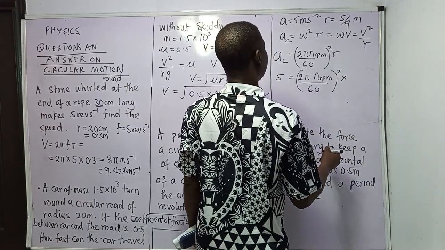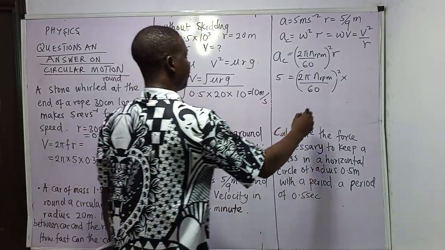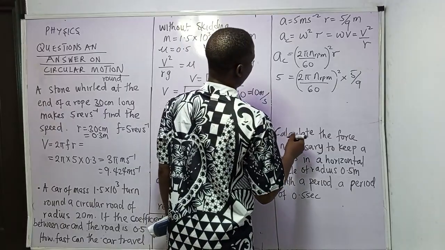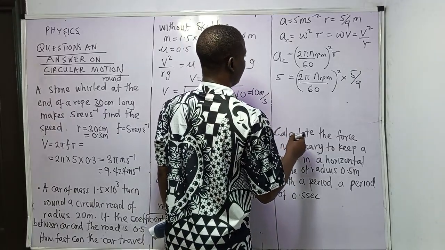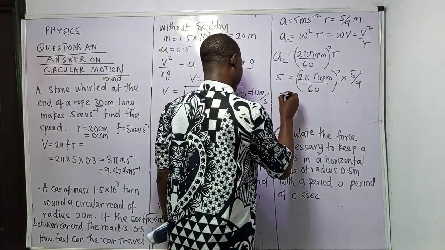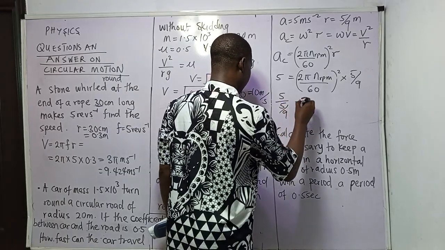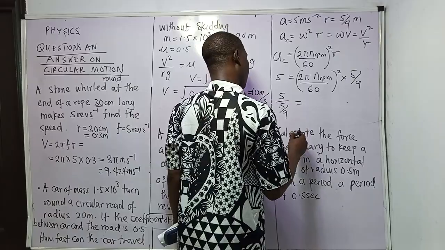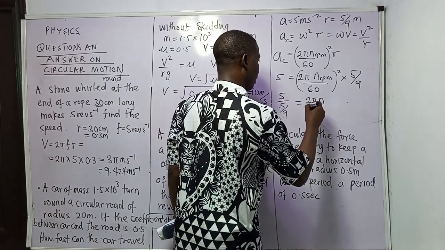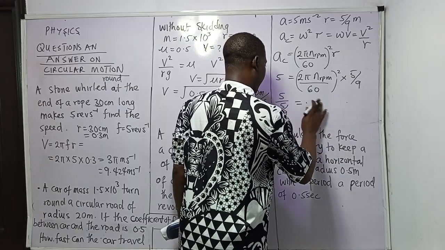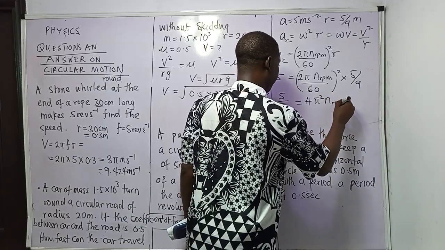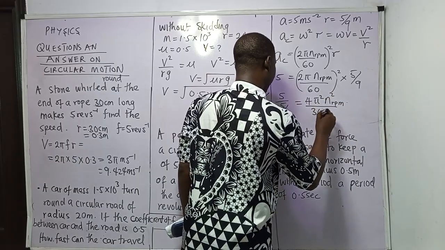What is our radius there? Our radius is given as 5/9. Now we divide both sides by 5/9 first. 5 over 5/9 equals 4 pi square n rev per minute square over 3,600.